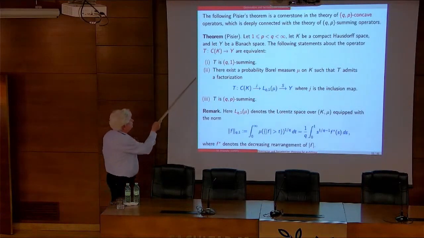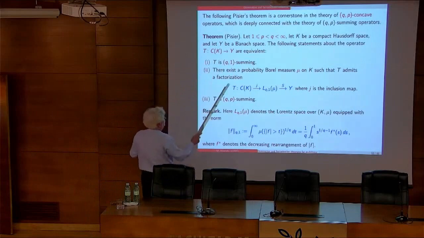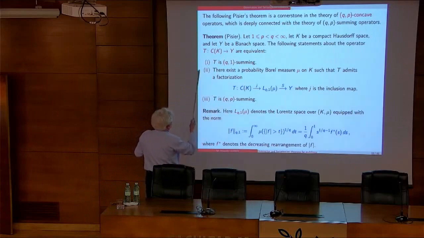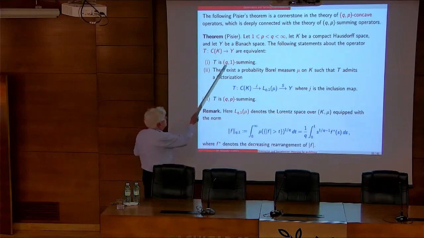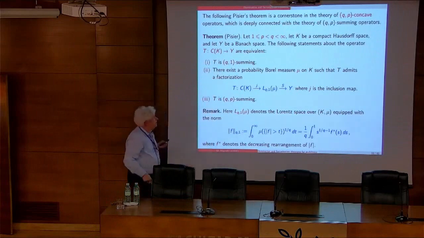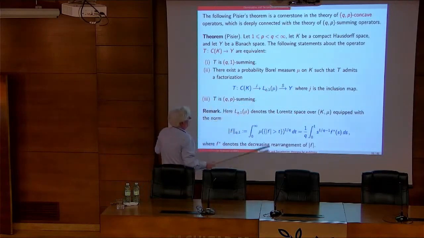So Pisier proved the following result: whenever P is bigger than 1, less than infinity, and we have an operator T from C(K) to a Banach space, then the following three conditions are equivalent. So this is (Q,1)-summing with Q equal 1. There is a probability Borel measure on our compact K such that T admits a factorization.